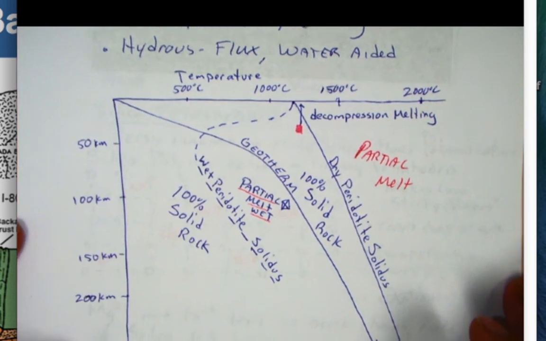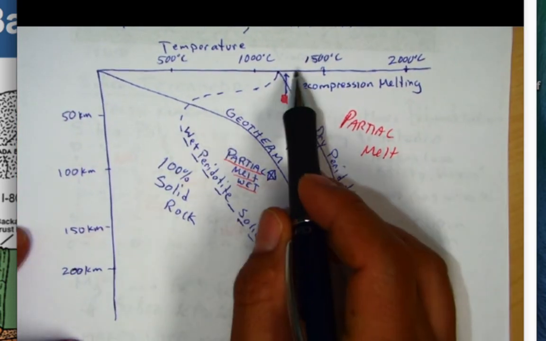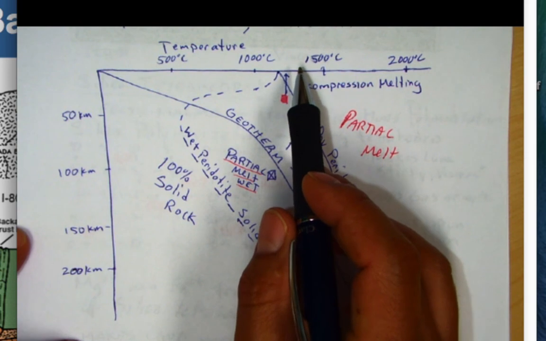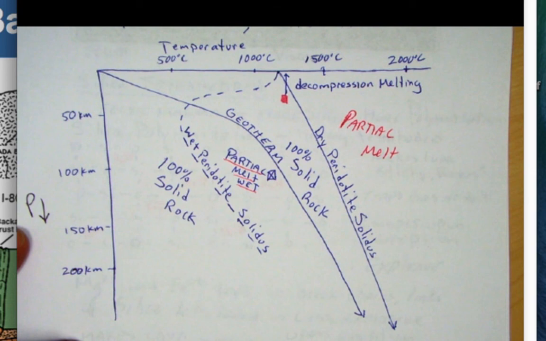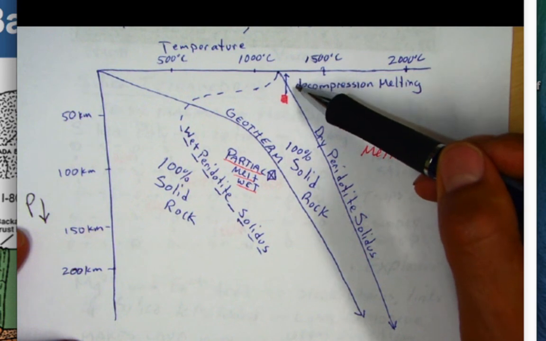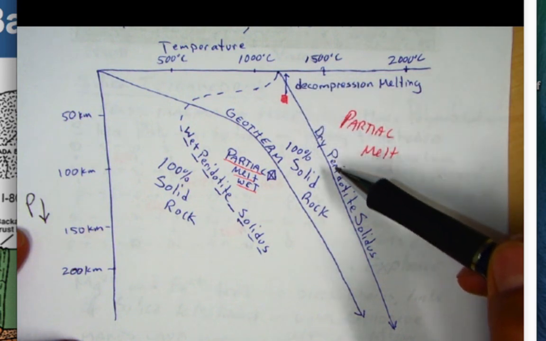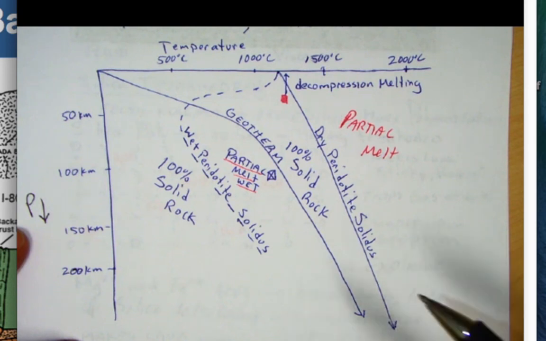Now, here's a diagram showing a couple of important features. There's temperature on this x-axis, and pressure is going down on the y-axis here. What I want to point out is there's this line here called the dry solidus. In other words, these are conditions in the mantle where there's no water, where it's dry conditions, which are most places.